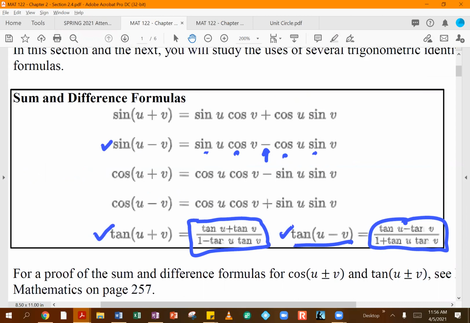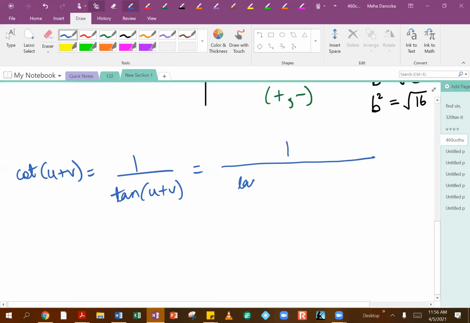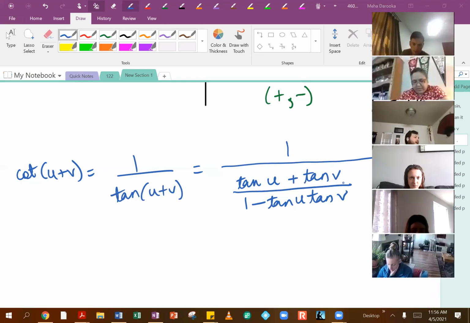So this is going to be tangent of U plus tangent of V, and then this is divided by 1 minus tangent of U times tangent of V. So I'll give you guys a minute or two. Let me see, once you plug in those numbers and try to clean up your answer, what you come up with.